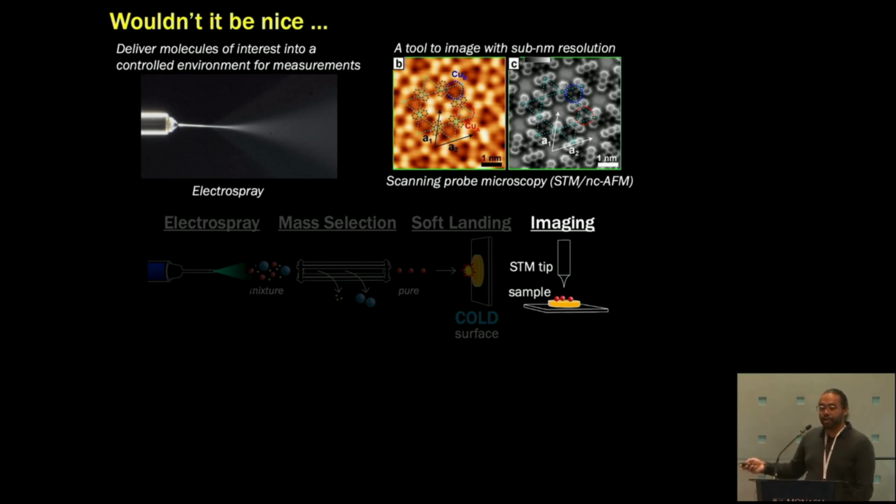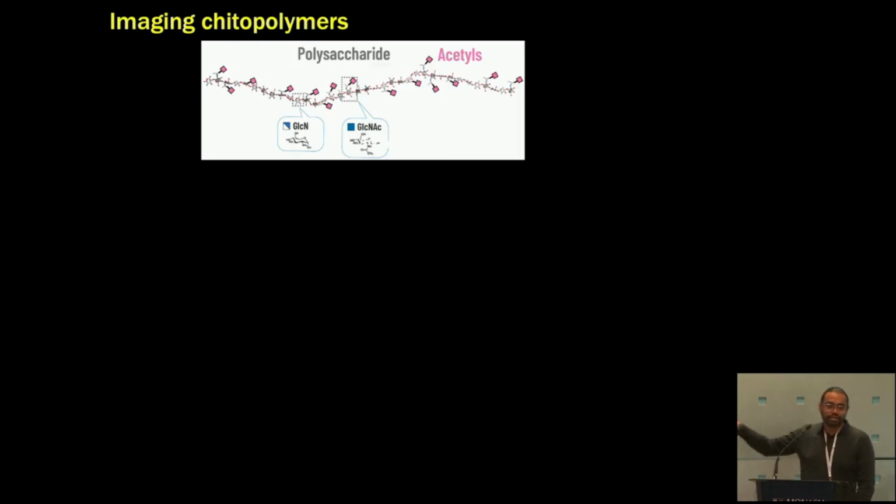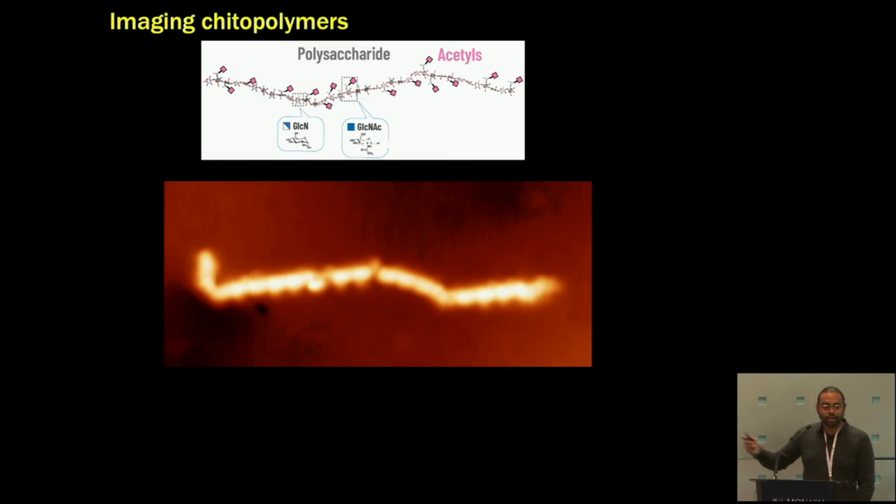As proof of concept, we wanted to use this workflow to study linear polysaccharides such as chitopolymers. Essentially, these are composed of two kinds of monosaccharides, with acetyl groups and without acetyl groups. If we put this on our surface and try to image it, we get an image like this. For reference, this polymer is about 20 nanometers long.